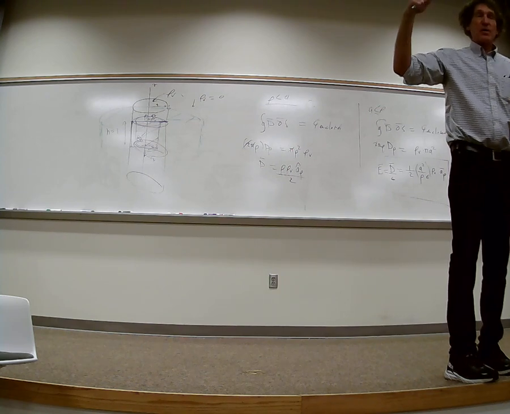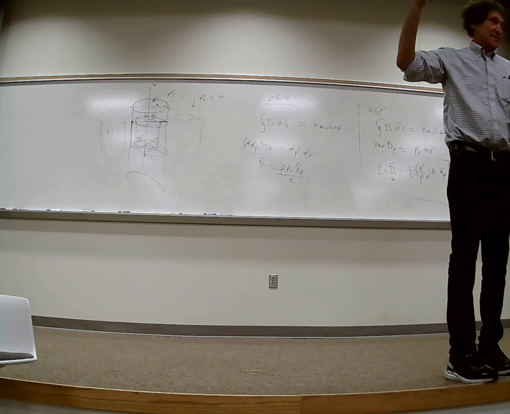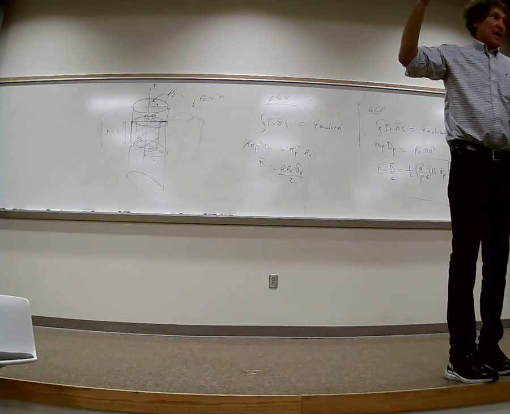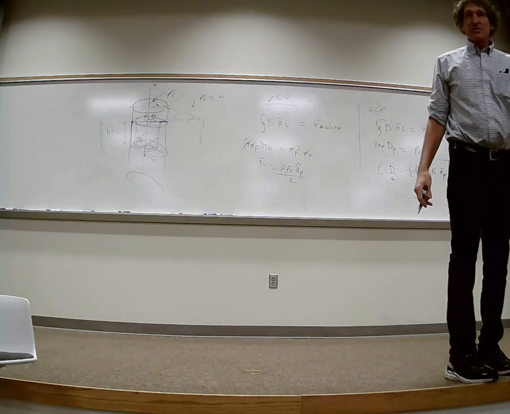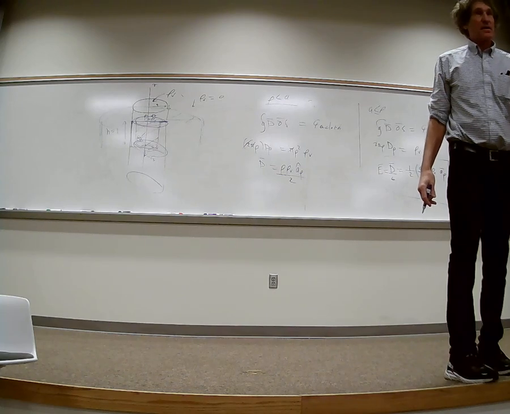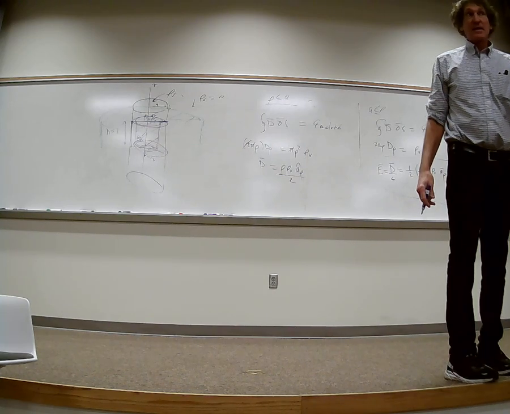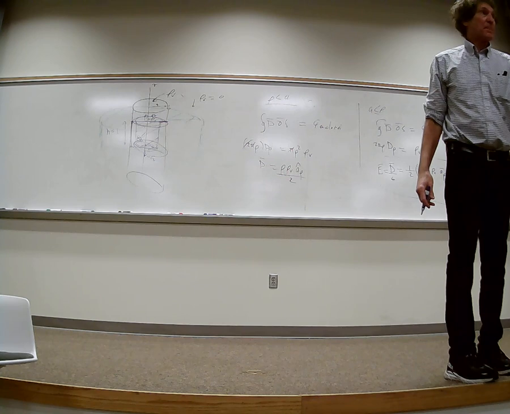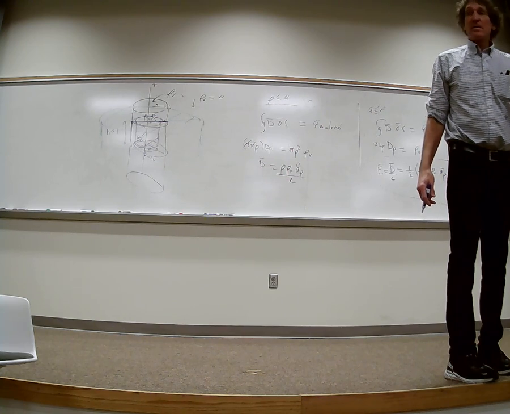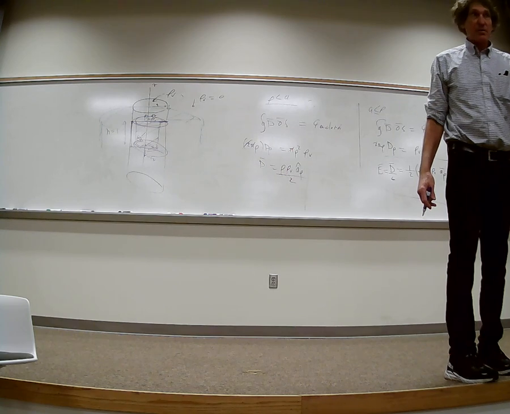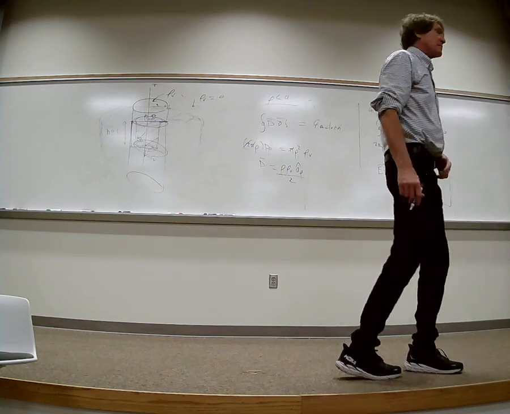It's 1 over r squared. Here it's 1 over the radial distance, single power, right? How does it vary from a plane of charge if it's infinite? It doesn't vary. It's constant, right? The E field from an infinite plane of charge, or the D field, would have a constant value in magnitude. It would change directions when you went below the plane. That's the only thing. All right, keep that in mind.